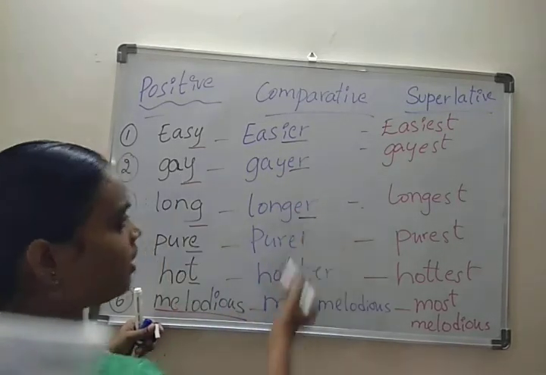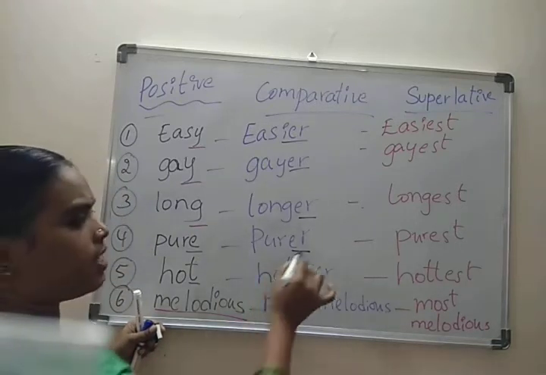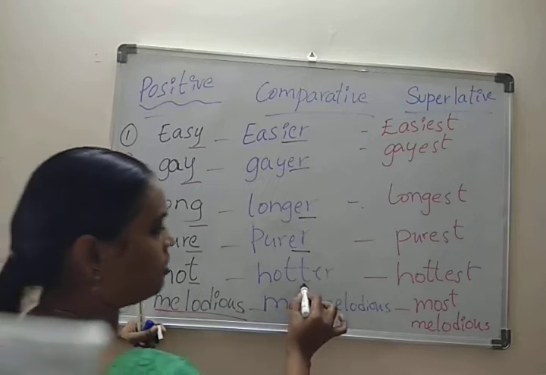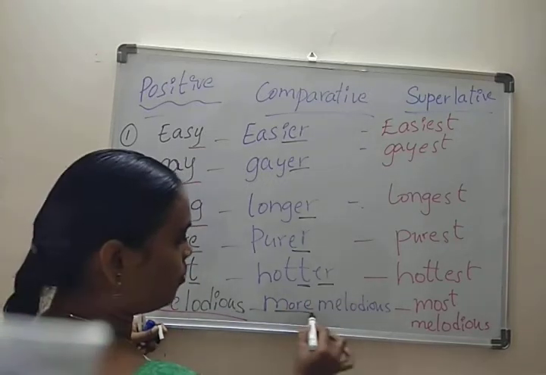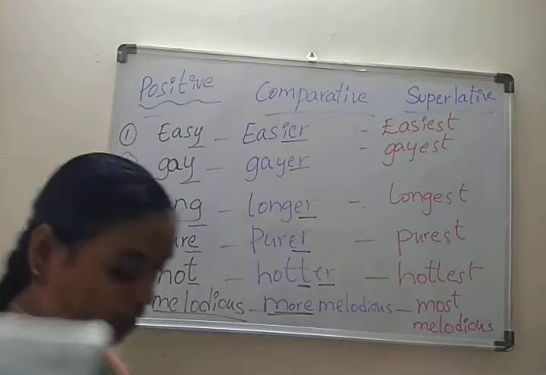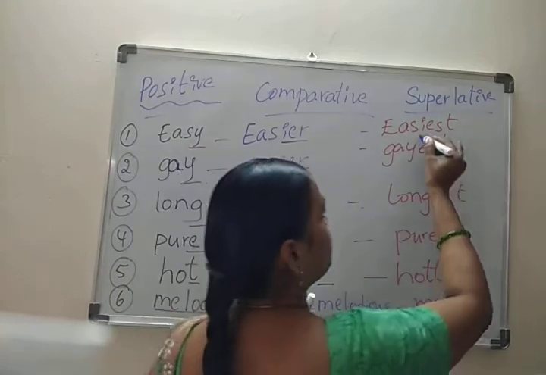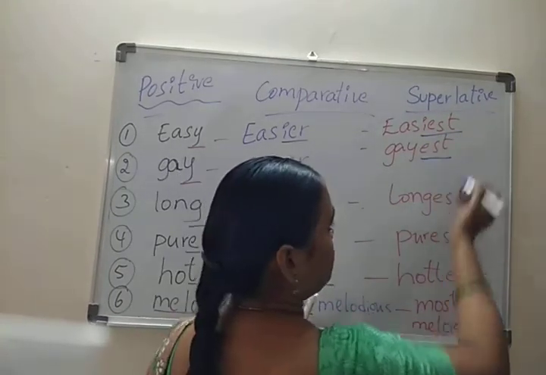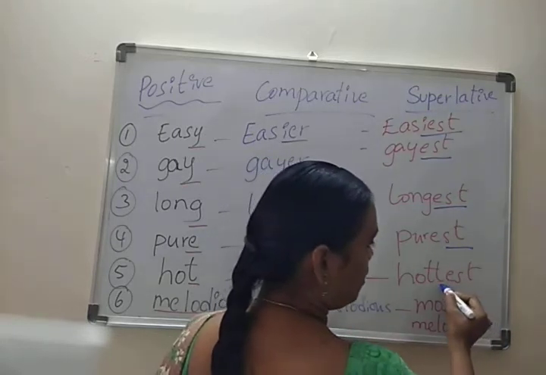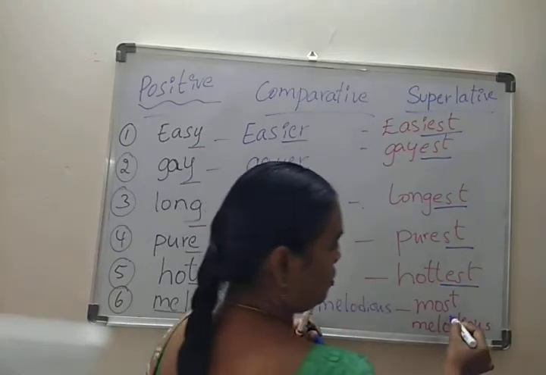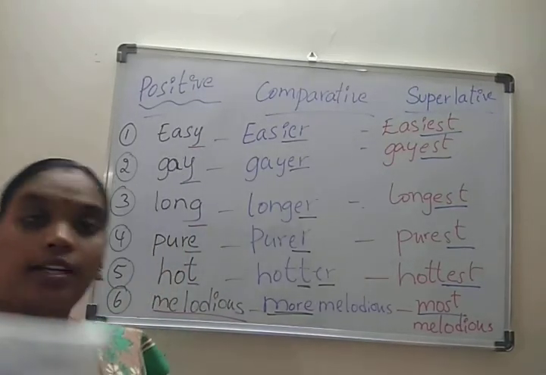Here long after adding ER, only a single R. Hot, double T and ER. Adding more. Coming here, IEST, EST, ST, TEST, most.